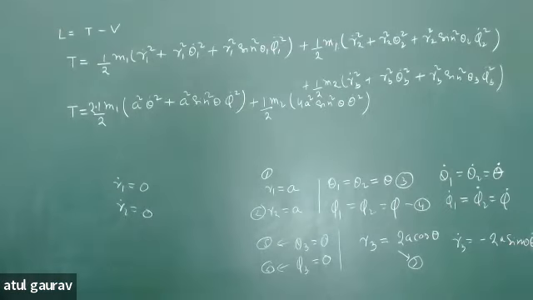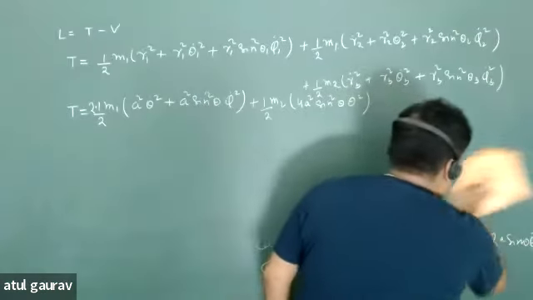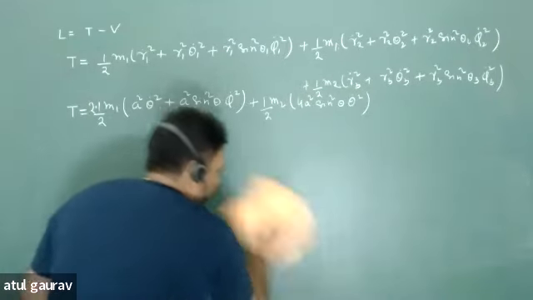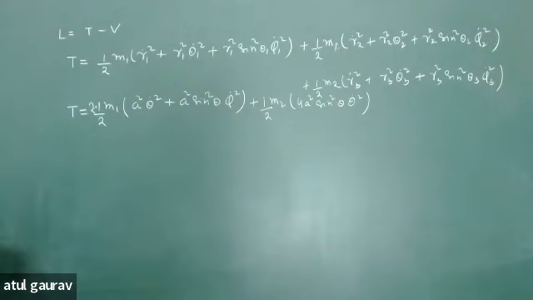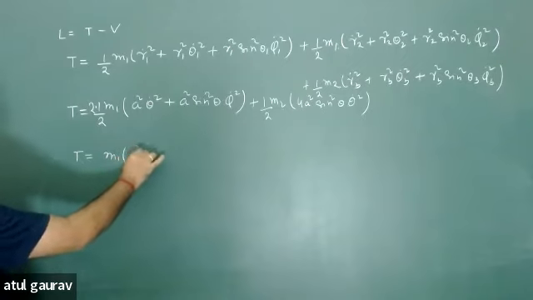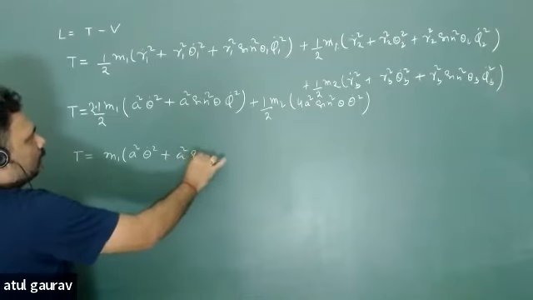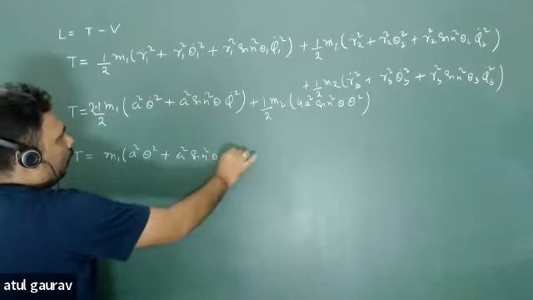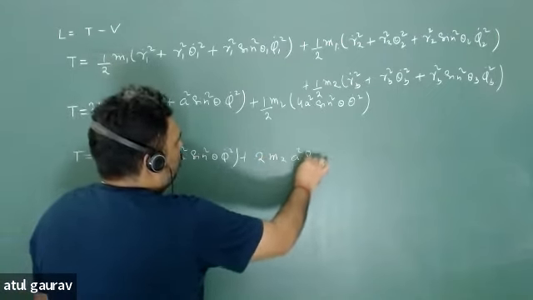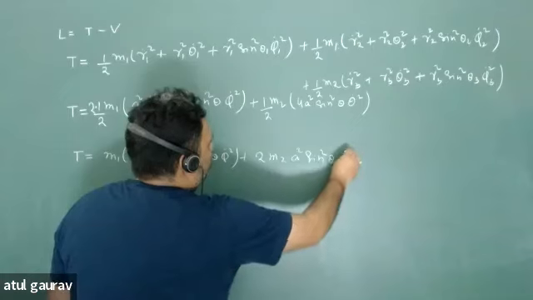And if we write the kinetic energy of the system, then this kinetic energy is equal to m1 a square theta dot square plus a square sin square theta phi dot square, plus 2 m2 a square sin square theta theta dot square.